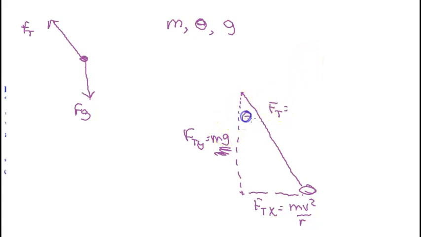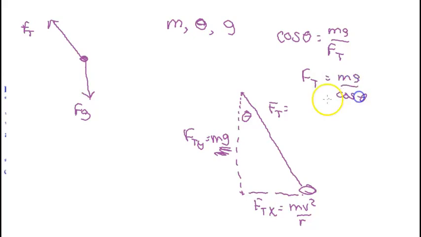If this is my angle theta in here, I know that this is the adjacent side, that's the hypotenuse. So adjacent and hypotenuse, that's cosine. The cosine of theta equals the measure of the adjacent side over the measure of the hypotenuse. And then I can solve for that hypotenuse, mg over the cosine of theta.